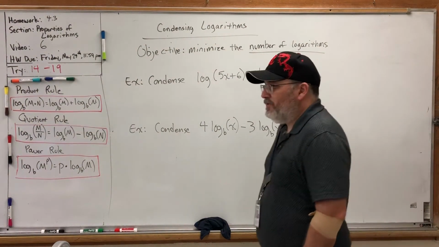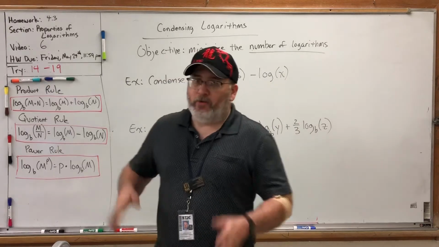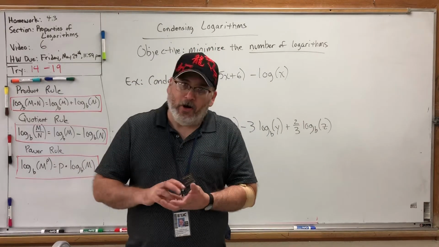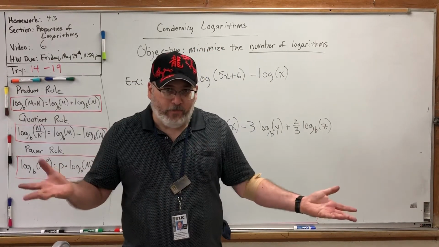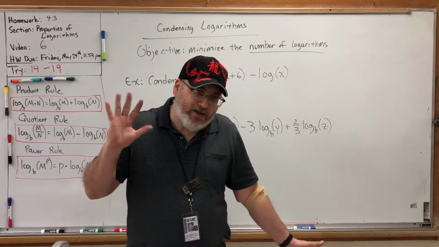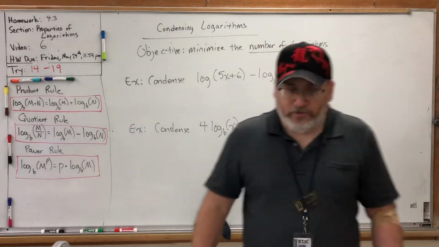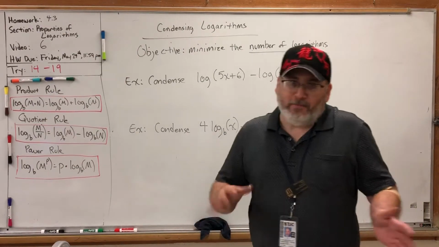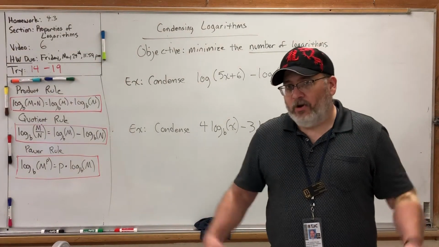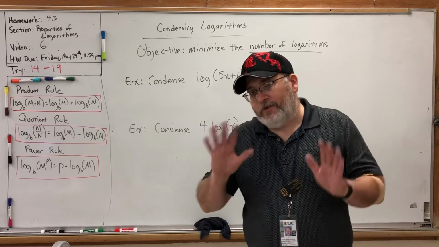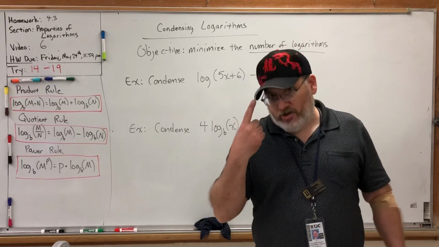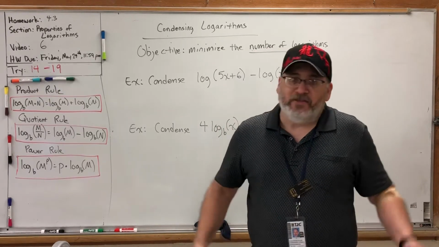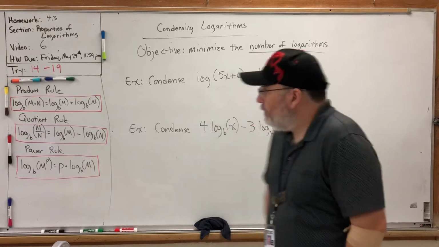Because you'll notice in the previous examples, we started with one logarithm with a big chunky argument, then we got lots of logarithms with as small arguments as possible. Condensing is literally doing the opposite. You start with multiple logarithms with possibly small arguments, and your goal is to condense it into as few logs as possible, which usually is one, but the trade-off is the argument gets larger.